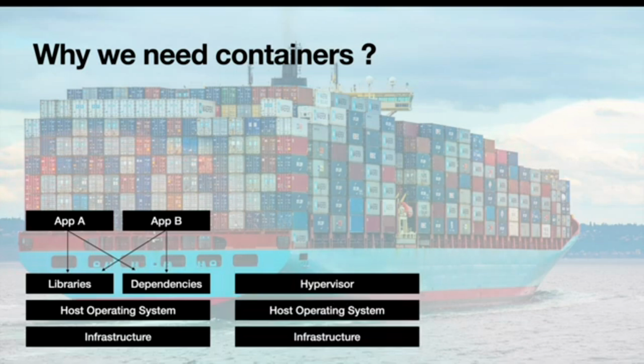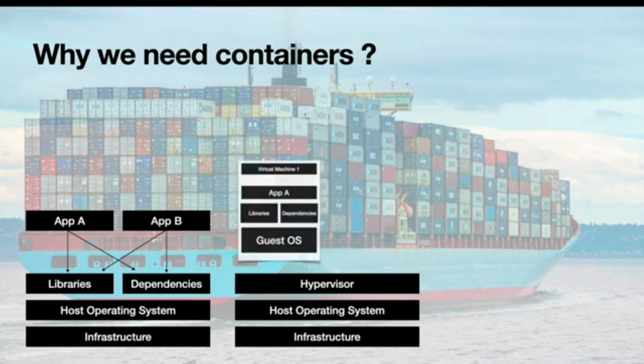So the journey to containerization begins with virtualization, the process of running multiple virtual machines on a single physical server. Virtualization allows multiple operating systems to run on a single physical server, which helps reduce hardware cost and improve resource utilization.